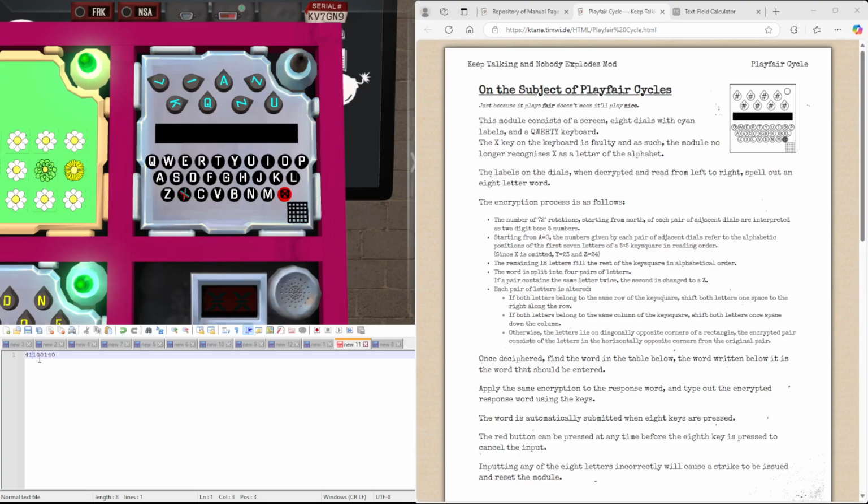And then these are base 5 numbers. So we have 4, 5 plus 1. That's 21. Plus 1 is V.